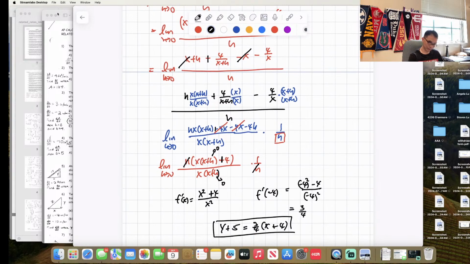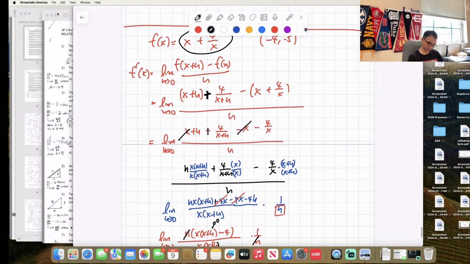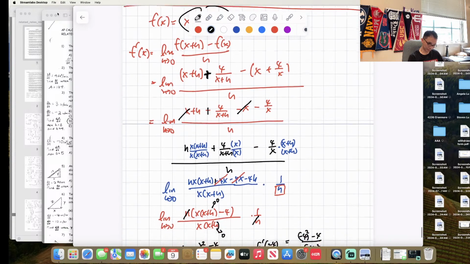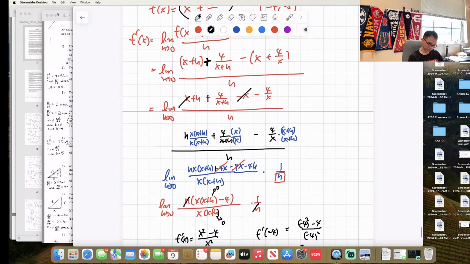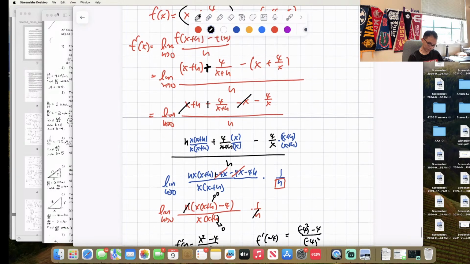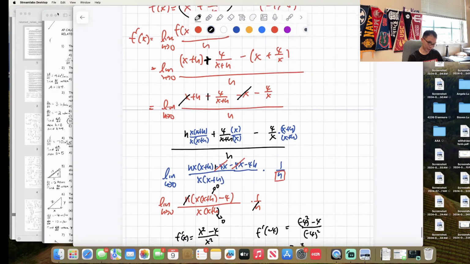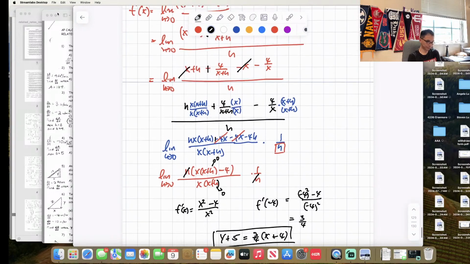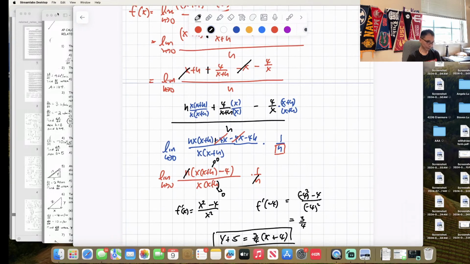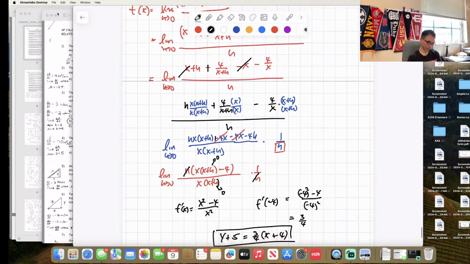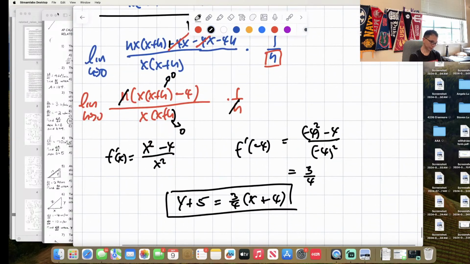No, it's negative. The coordinate they give you at the start. But it should be plus 4 though. Negative. Oh, it's minus 4. Yeah, it's minus 4h. Yeah, this is correct.